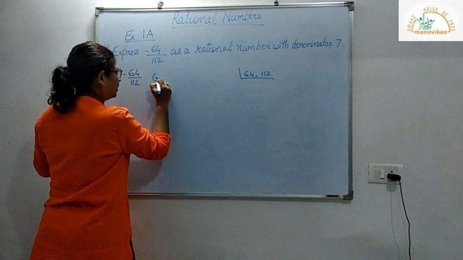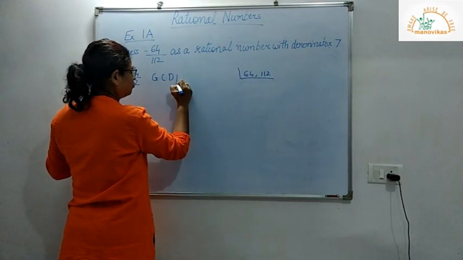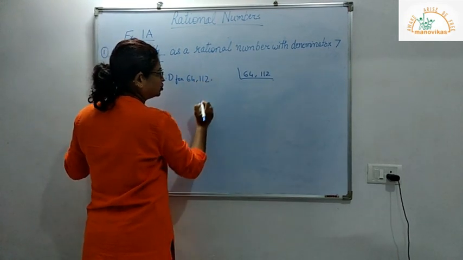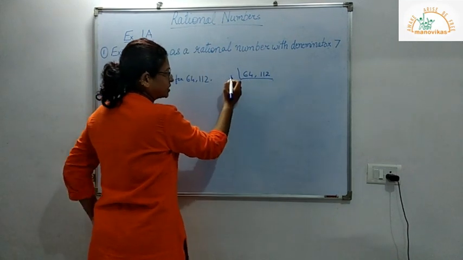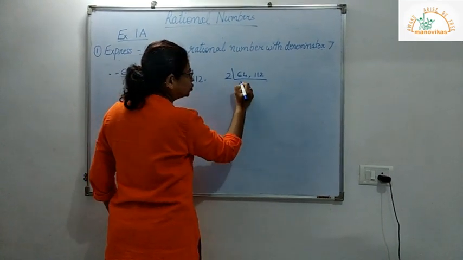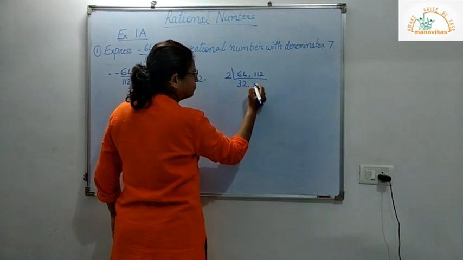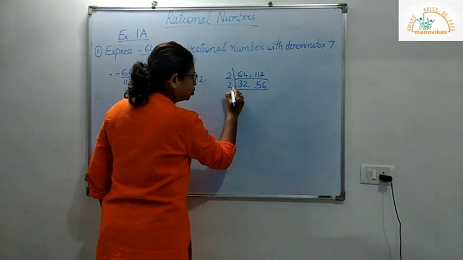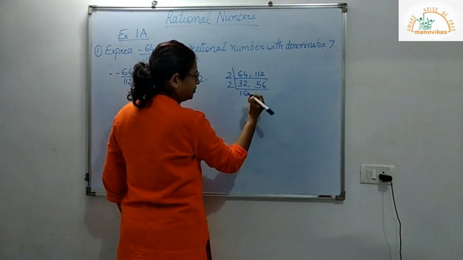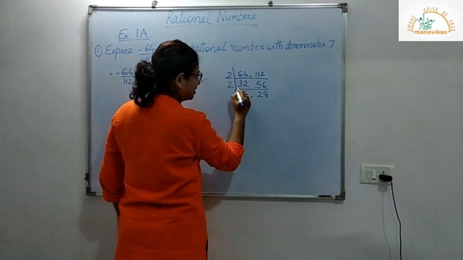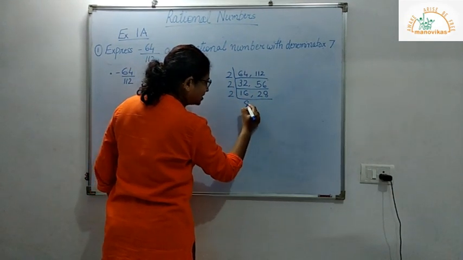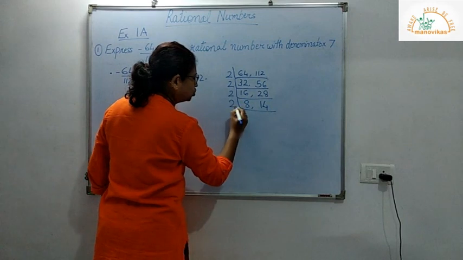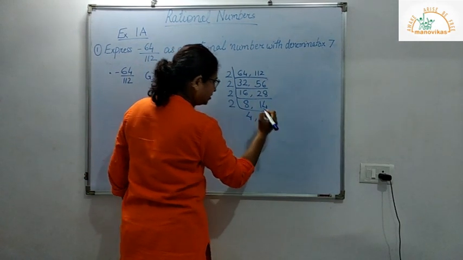Since the given numbers are even, we start with 2. 2 3s are 6, 2 5s are 10, 2 6s are 12, 2 1s are 2, 2 6s are 12, 2 2s are 4, 2 8s are 16, 2 1s are 2, 2 4s are 8, 2 7s are 14.